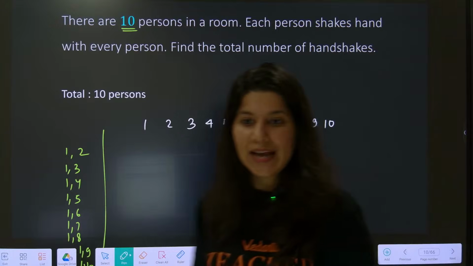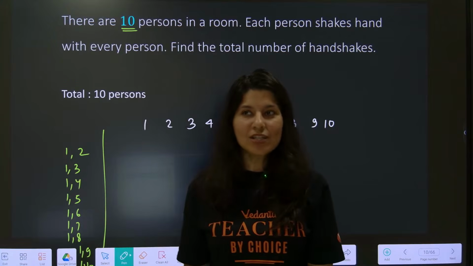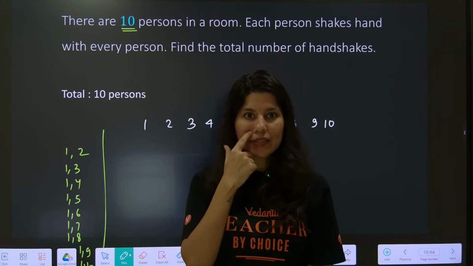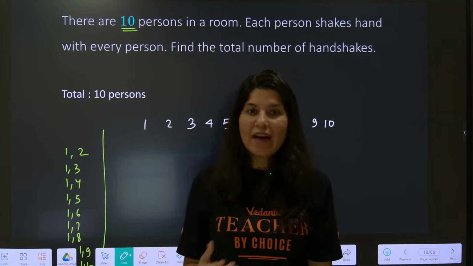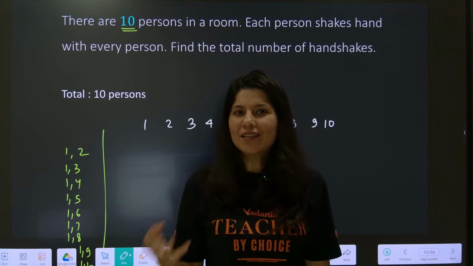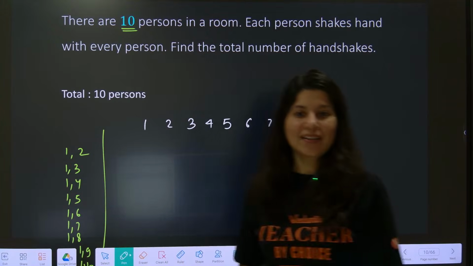It should not be like I can shake hands with someone infinite times. No, 10 persons are there. If you have shaken hands with one person, why on earth would you go again and shake hands, unless you are doing some prank?